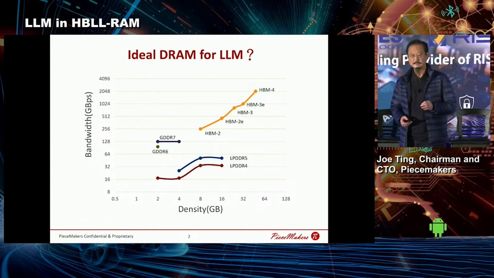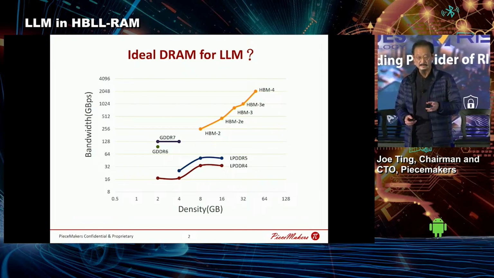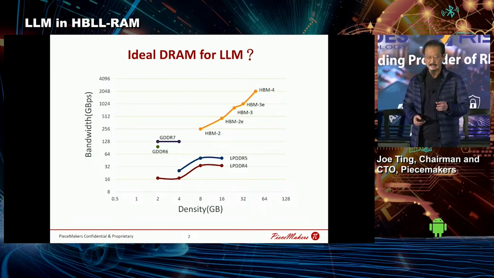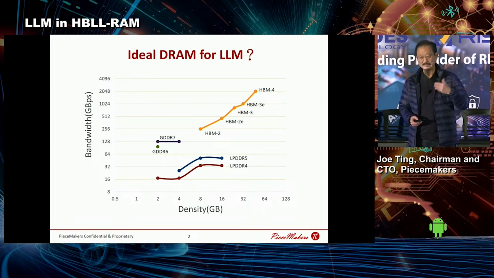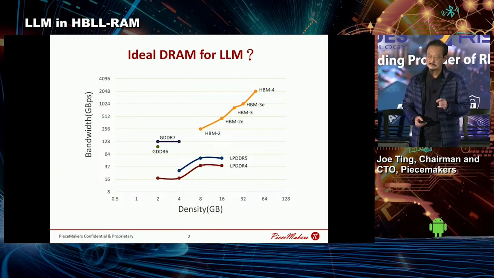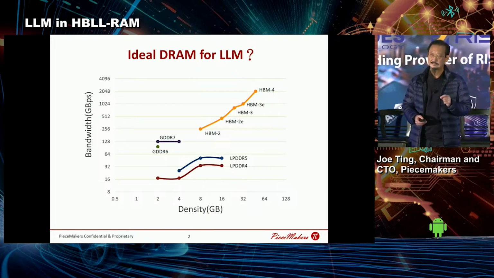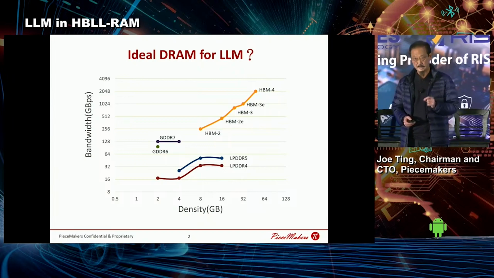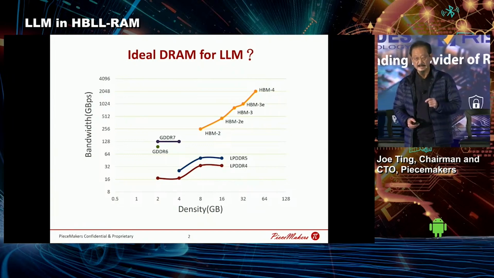It's easy to see there is a hole on the upper left-hand side, which we call high bandwidth but lower density than HBM, because, as just mentioned, there are various model sizes which require different density, but they all need high bandwidth.